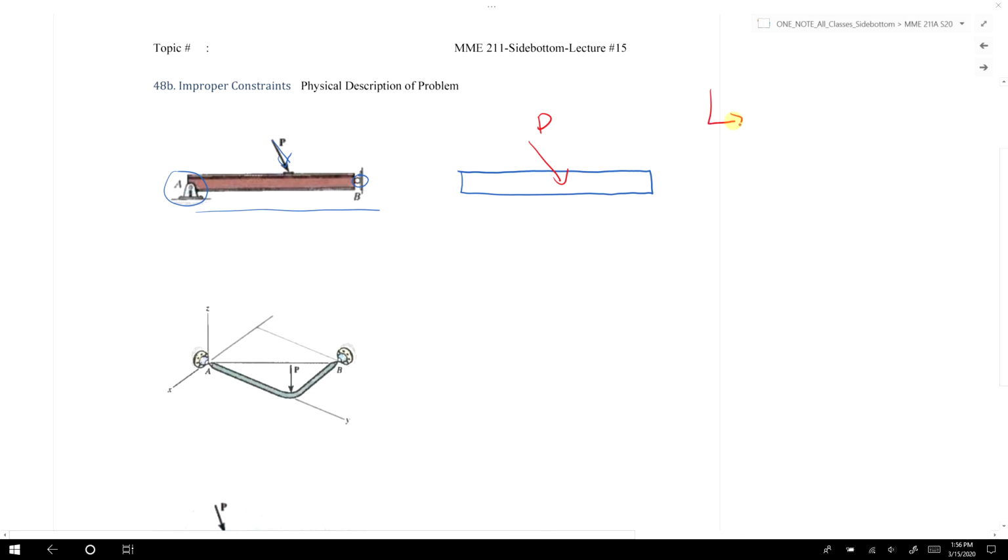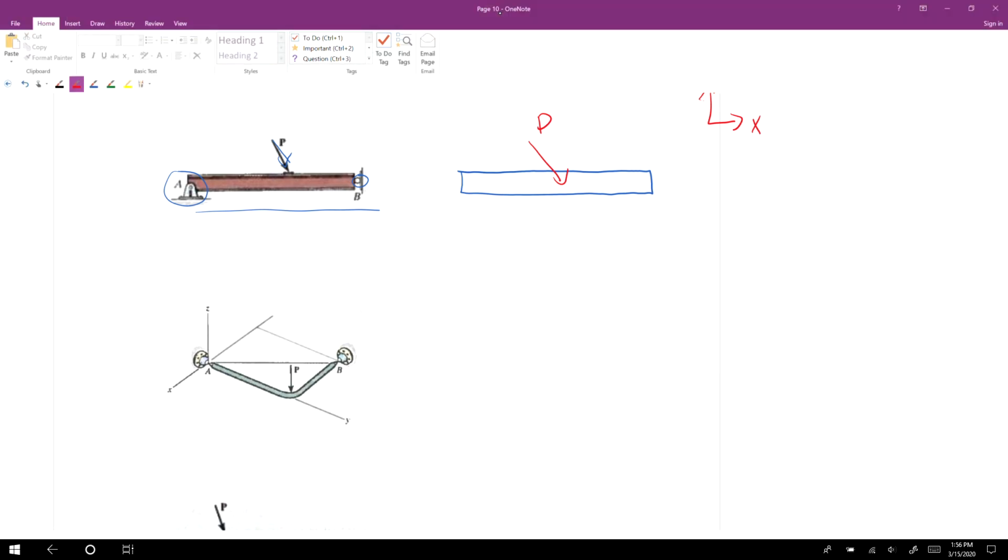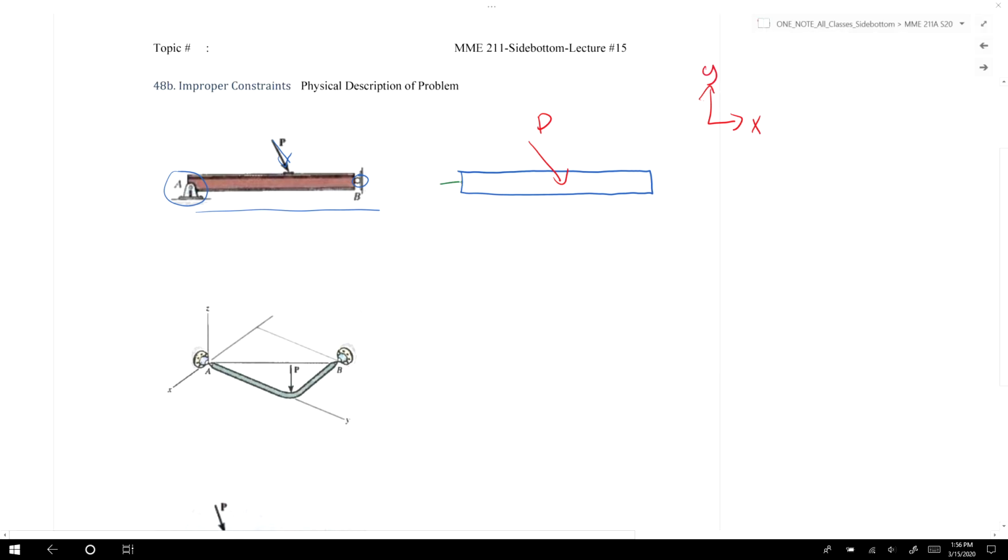We can also draw our coordinate system here, and then we would draw our reaction forces. At A we have a pin, so it will have a force in the x direction and a force in the y direction. At B we have a roller, so it would have a force that goes normal to the contact, in this case along the x direction.